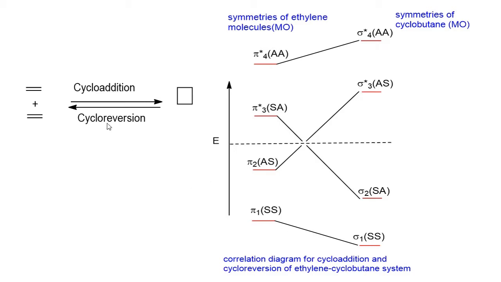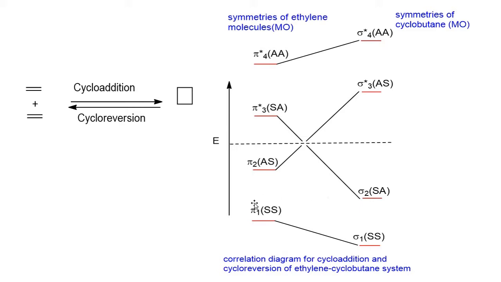The 2+2 cycloaddition reaction is thermally forbidden, because the ground state molecular orbitals of the reactants are not correlating with the ground state molecular orbitals of the product.